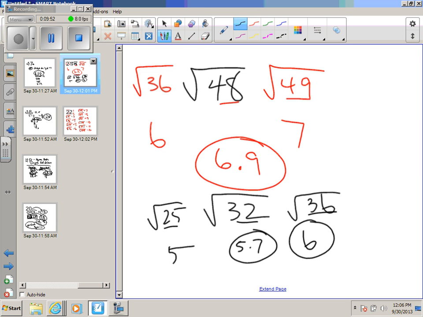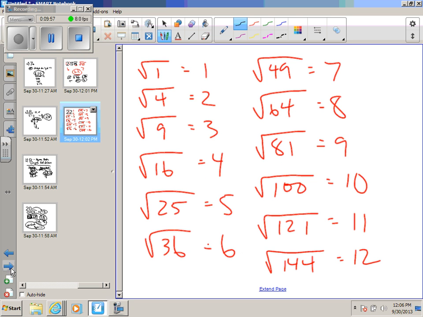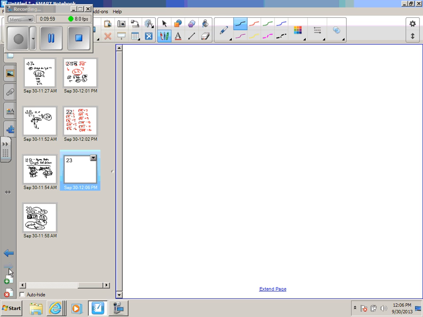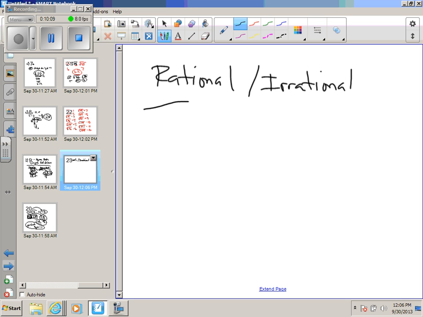Okay. Rational and irrational numbers. Now, most numbers are rational. We'll just go right ahead and say that. You're going to have much more to choose from with rational numbers than irrational.